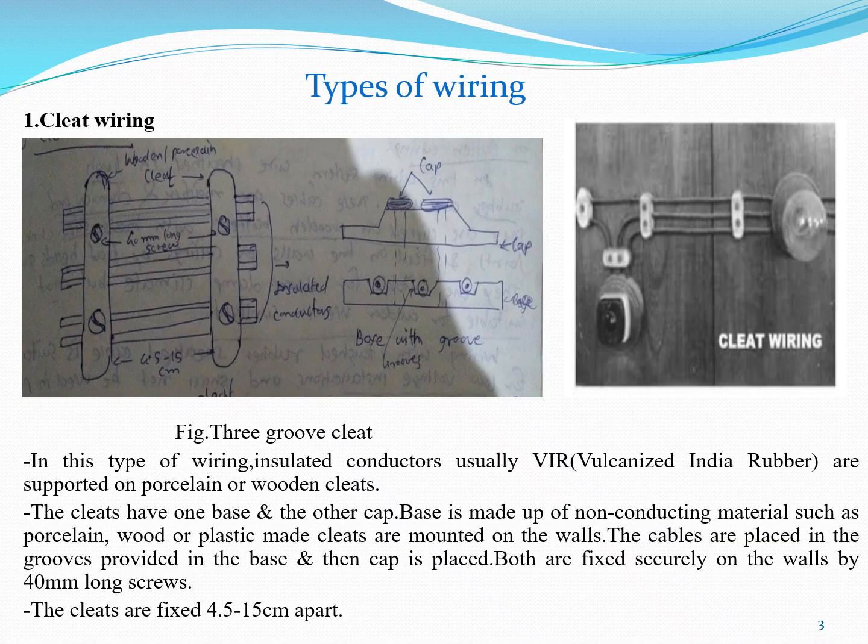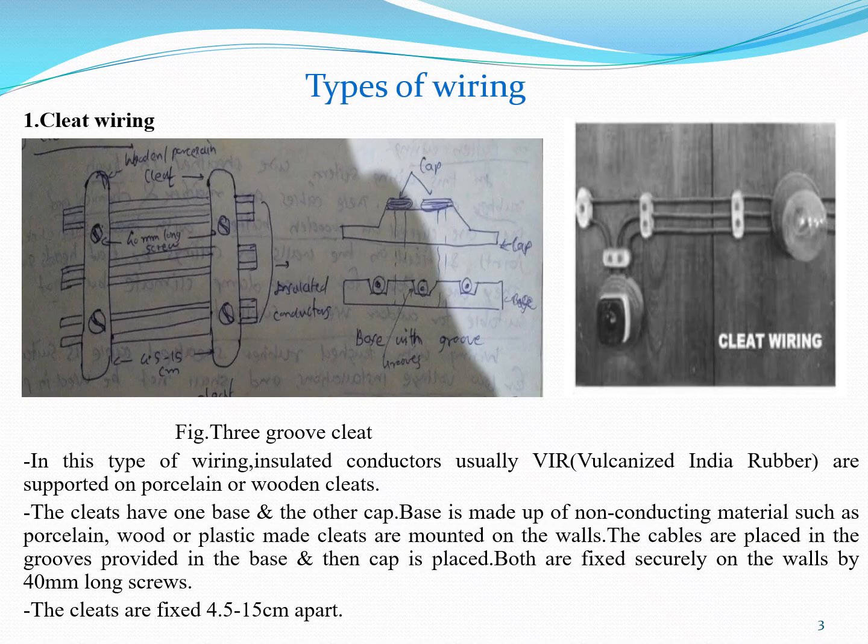Then 40 screws are used to fix those cleats. The distance between two cleats is 4.5 to 15 centimeters. Then on the cleat there is a cap provided, and the base of the cap is with groove screws.